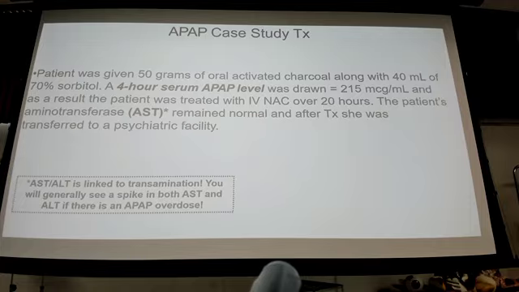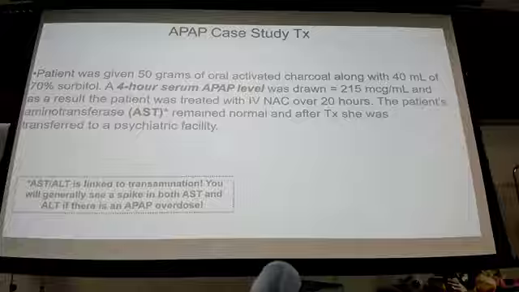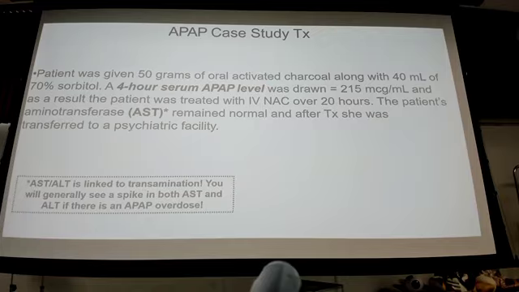When you suspect or know a patient has APAP toxicity, you're going to want to monitor the serum levels of APAP every 4 hours. This patient's level was 215 micrograms per milliliter, which is still significantly high. And so the first line of treatment would be IV N-acetylcysteine for 20 hours.